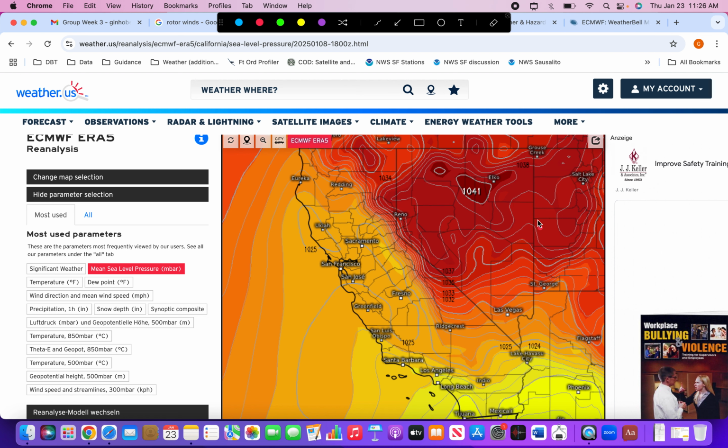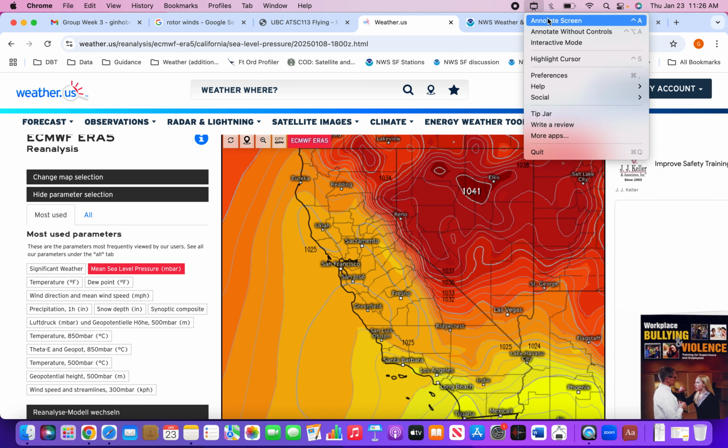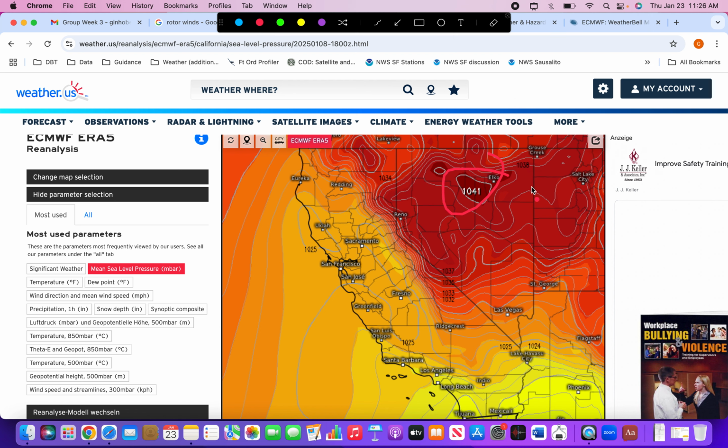Let me show you that. Imagine that this is centered over here. It would have been more of an east wind. But that's not what happened. It's centered right here. And if it's further north, it's going to be more of a northeast wind.